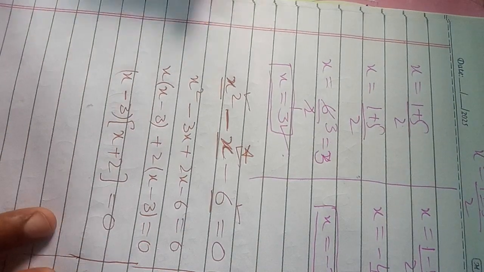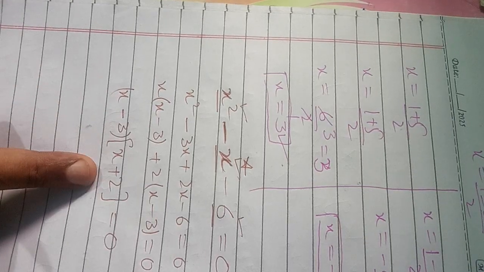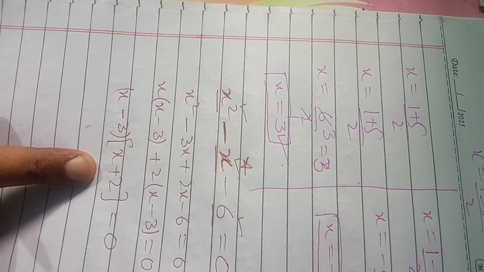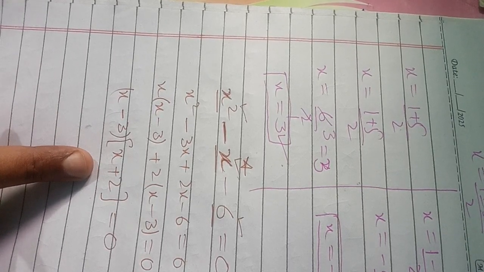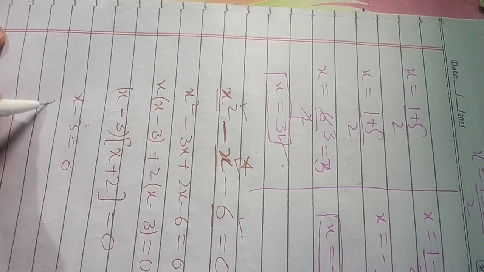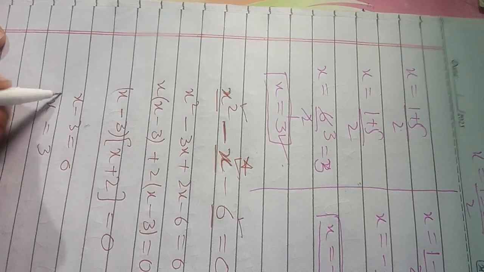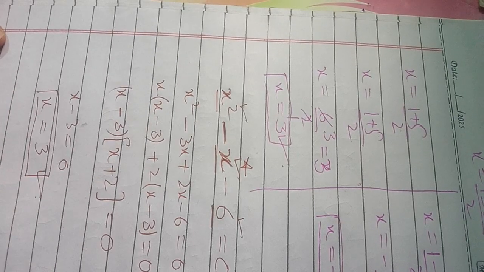Let's find the values. Let's put these terms equal to 0. So we can put x minus 3 equal to 0, and after shifting 3 to the right side we will get x equal to 3. That is the solution of the first term.